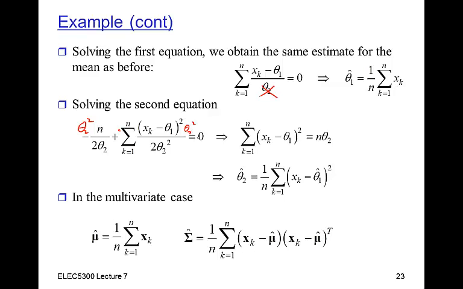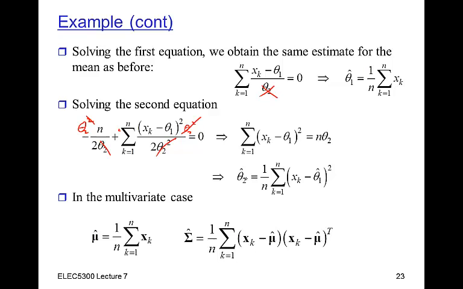And so now I get a cancellation here and a cancellation here, right? I cancel out the 2 here, and I cancel out one of these guys here. So I just get a theta 2 times n, plus this, and there's no theta 2 inside here, right? So I can move this guy over to the other side, and I get this, and then I just divide by n to get this.